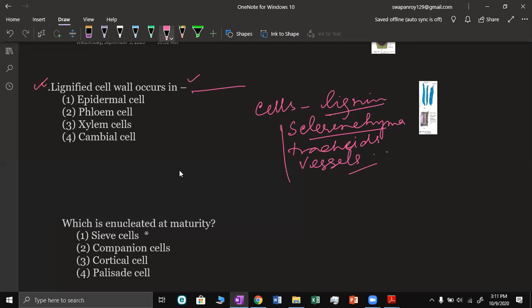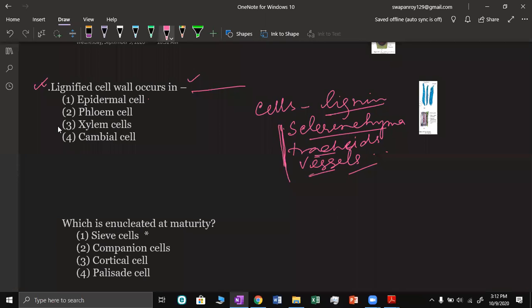So here our options are epidermal cell, phloem cell, xylem cells, and cambium cell. So here it is the xylem cells. Xylem is made of tracheids and vessels.